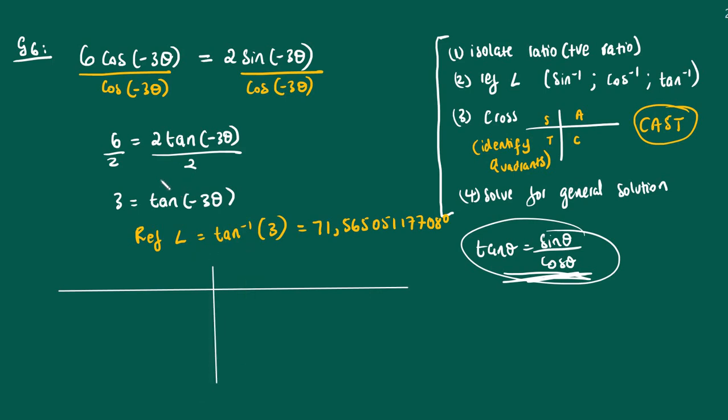Then on your cross you identify where tan is positive. Remember that is quadrant number 1, and then quadrant number 3, which is in here.